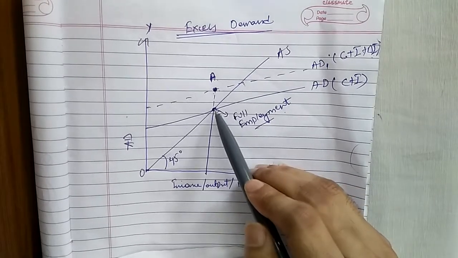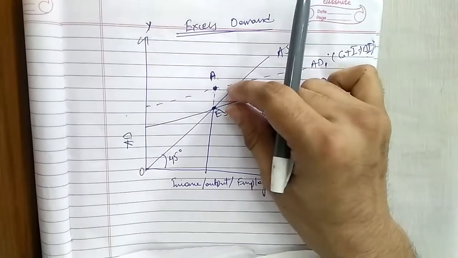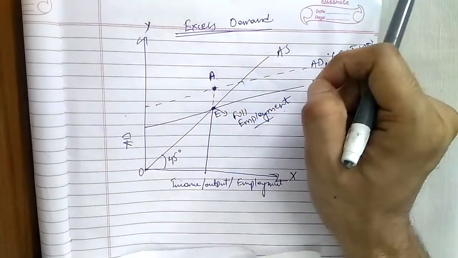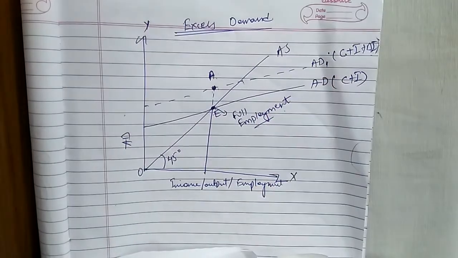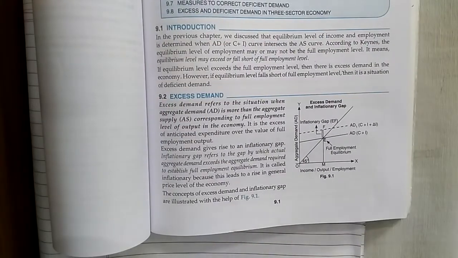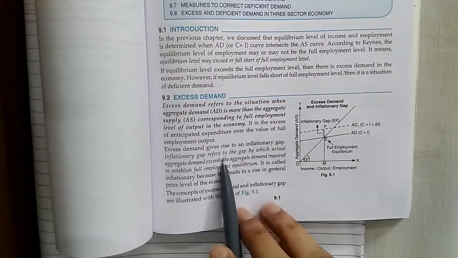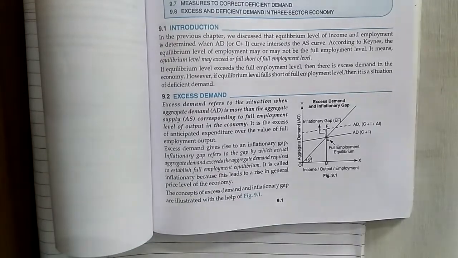So this is actually what we are going through in the economy, which exceeds what is required to make a full employment equilibrium. So this is required, but where are we now? Here. And this gap is known as excess demand. If someone asks what is excess demand, you will say in the diagram E to A is shown as excess demand, which ultimately gives rise to an inflationary gap. If someone asks what is inflationary gap, it refers to the gap by which actual aggregate demand exceeds the aggregate demand required to establish full equilibrium level.